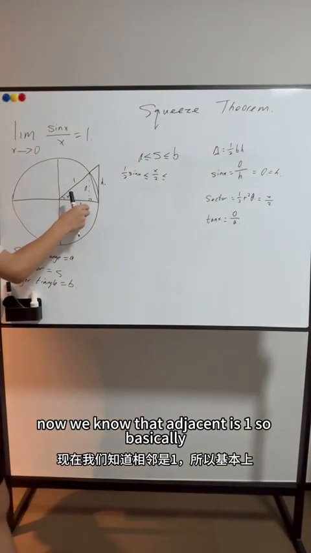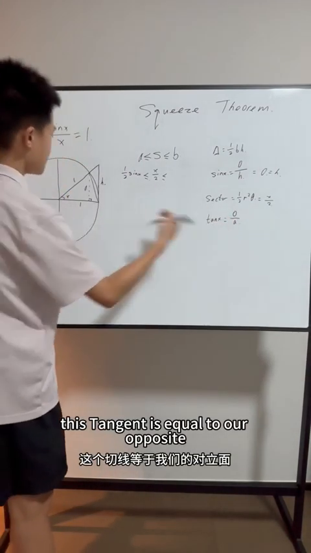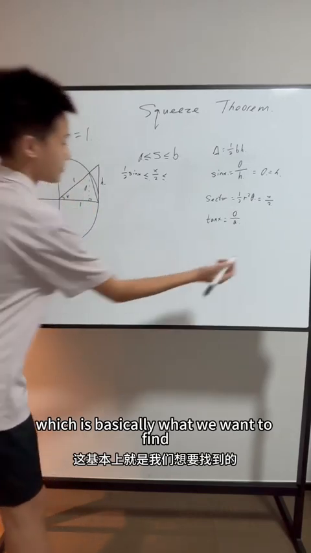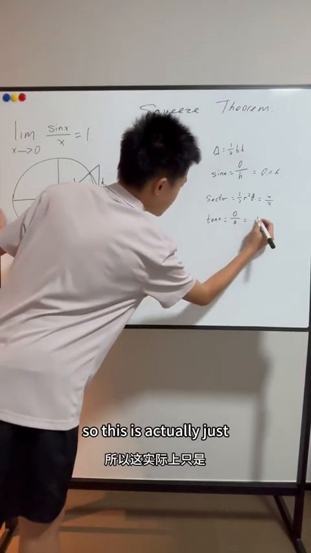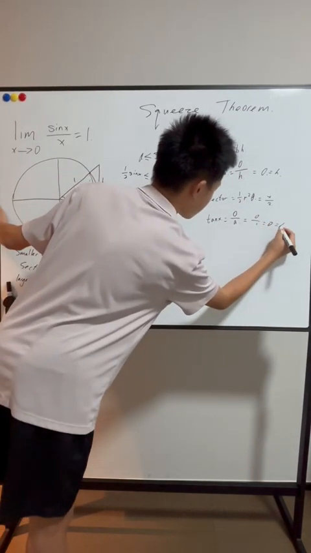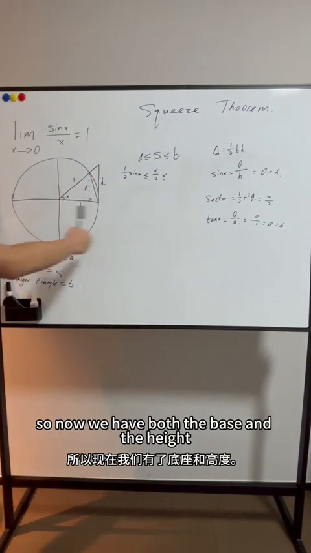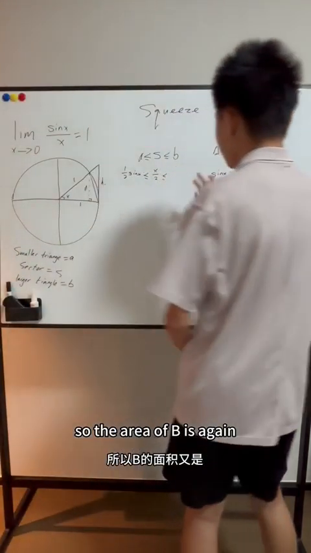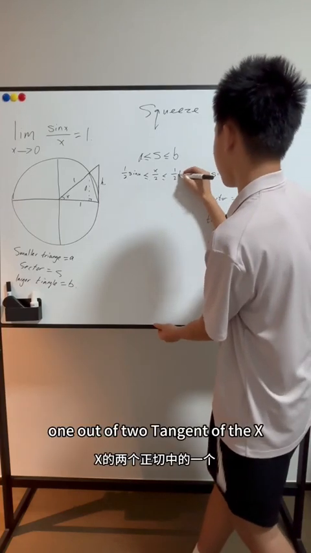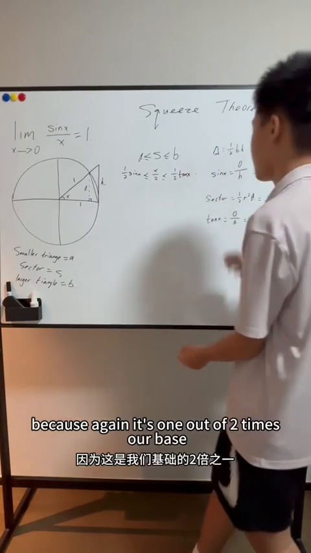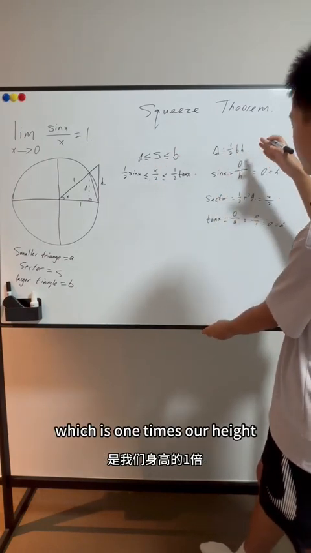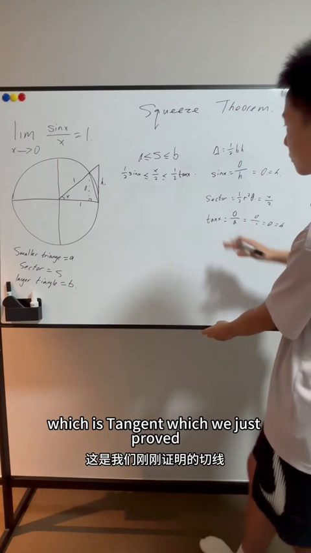So this tangent is equal to our opposite, which is our height, which is what we want to find. So now we have both the base and the height. The area of B is 1/2 tangent of x, because it's 1/2 times our base, which is 1, times our height, which is tangent, which we just proved.